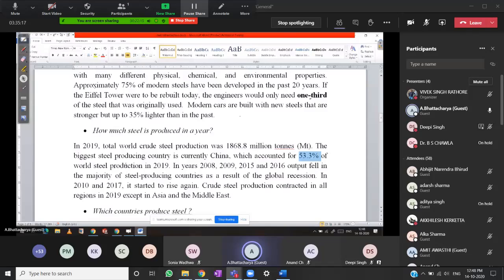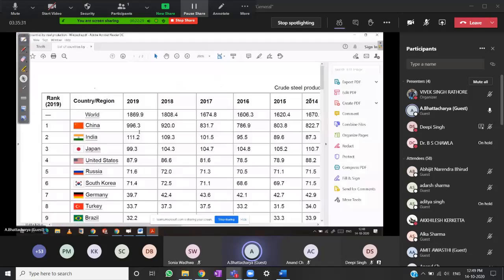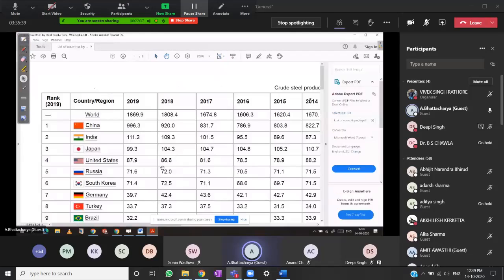So we'll see one slide on who produces steel. You can see this is the chart taken from Wikipedia. So you can see here, this country is this much, then China is this, and India is this. You can see the gap. It is almost 1/9. Now this trend is happening.